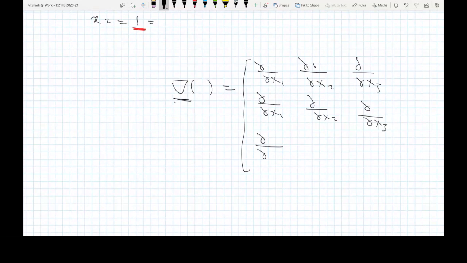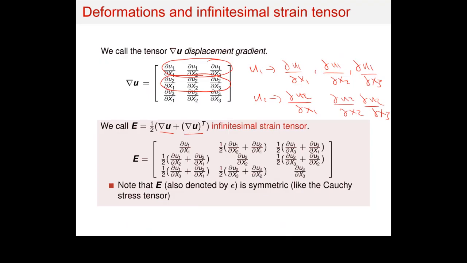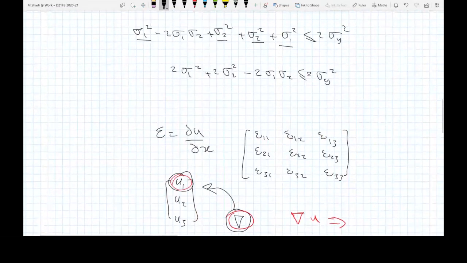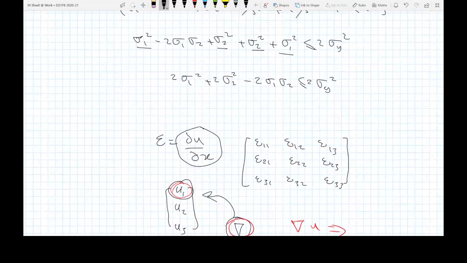All right, so this inverted delta operator is called the gradient operator. Now, you only need to learn this in the context of the strain tensor. So it's basically the derivative of the first displacement, the derivative of the second, with respect to different components. Just like you did in the past, this is the derivative of u with respect to x when you had only one u and one x.